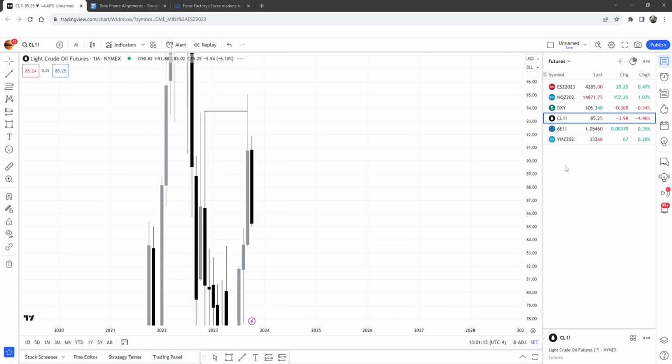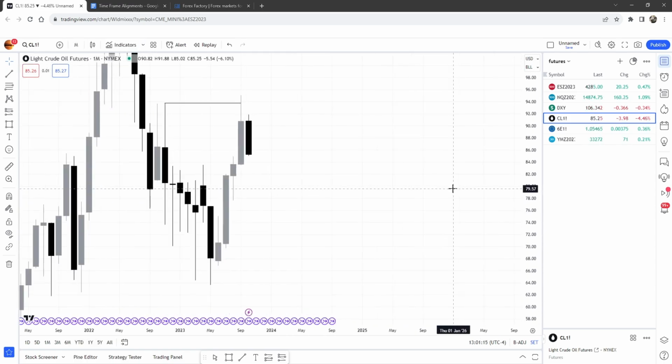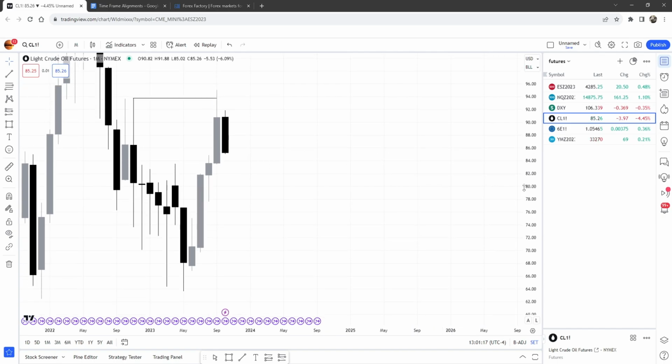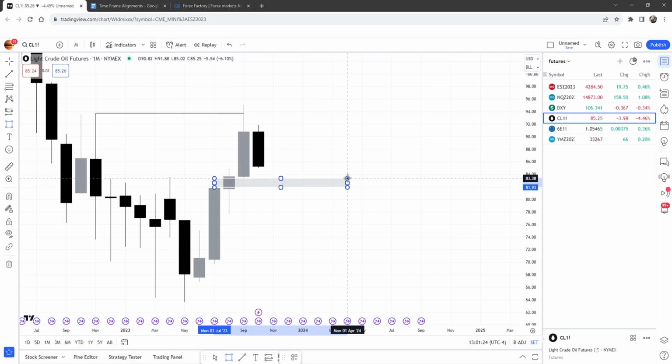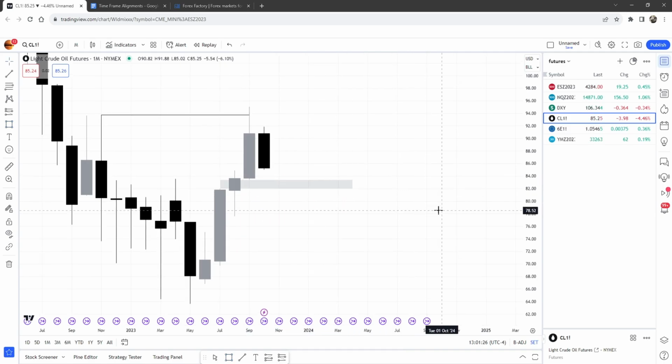Right? So you can see that price, we'll go back here, right? So internal, external here, and look for internal here. All right, so we went external on the monthly, so therefore I would look internal after that.